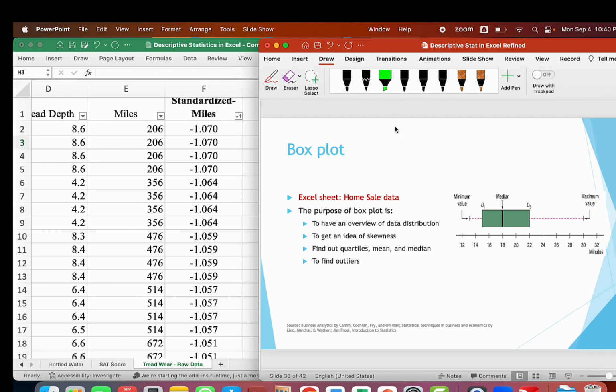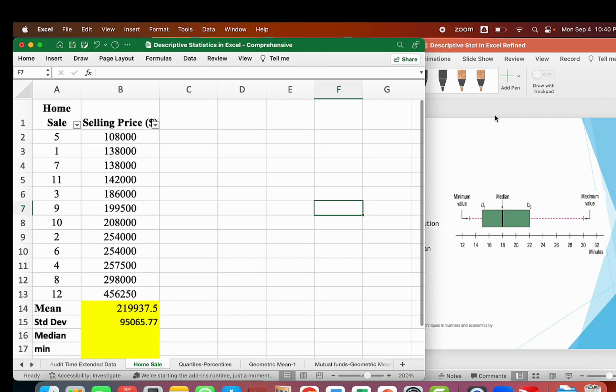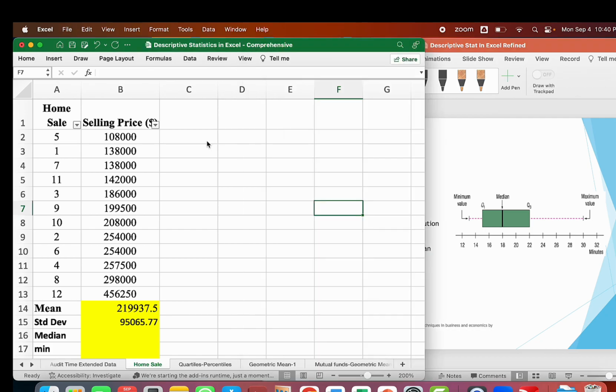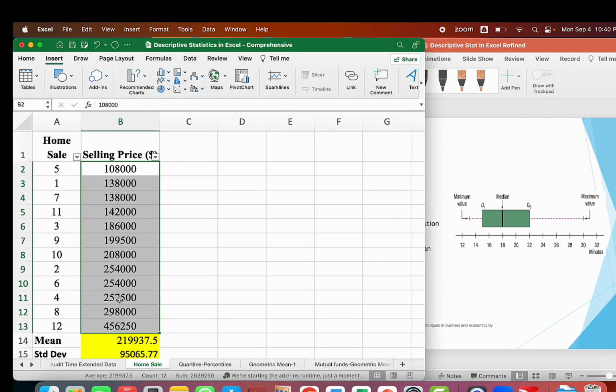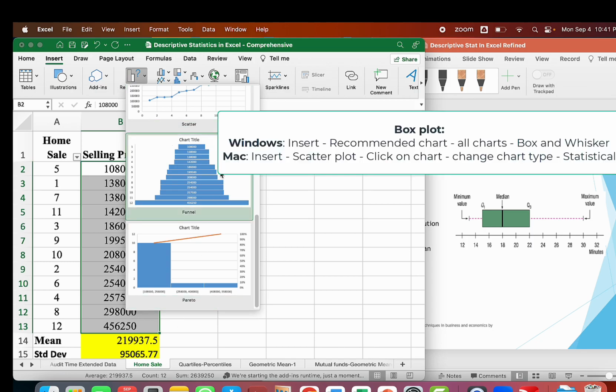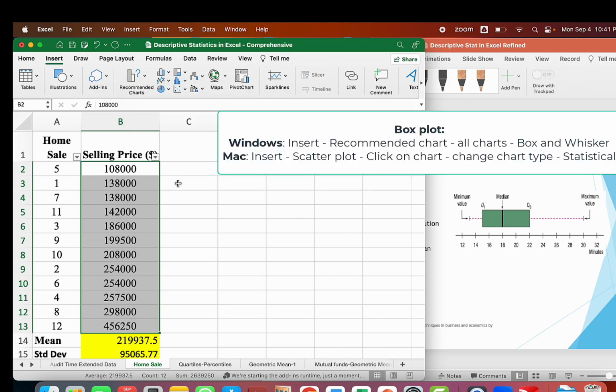The next thing is called a box plot, and for the box plot we'll be using this home sale data. So we have this home sale data. A box plot is a chart. To make a box plot, first we need to select this data, and after selecting the data, if you're using Windows, when you click on recommended chart, a box plot would appear here and then you click on that.